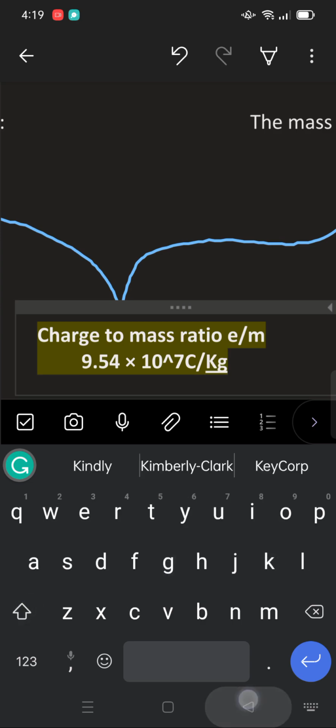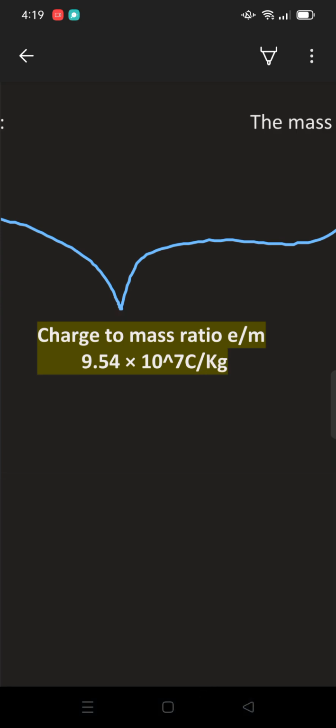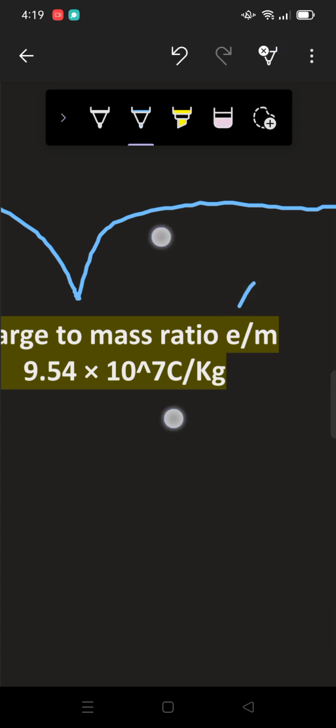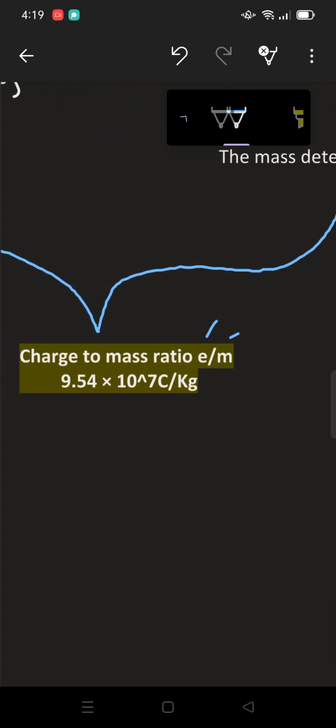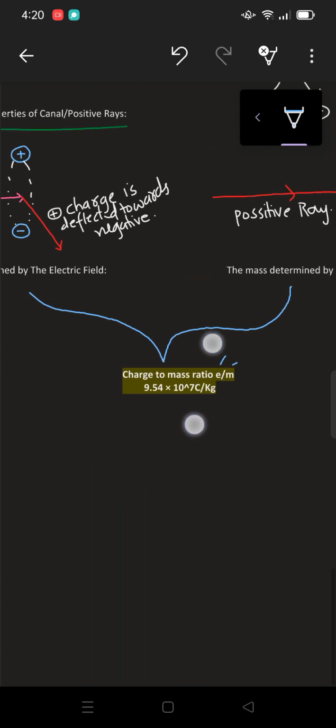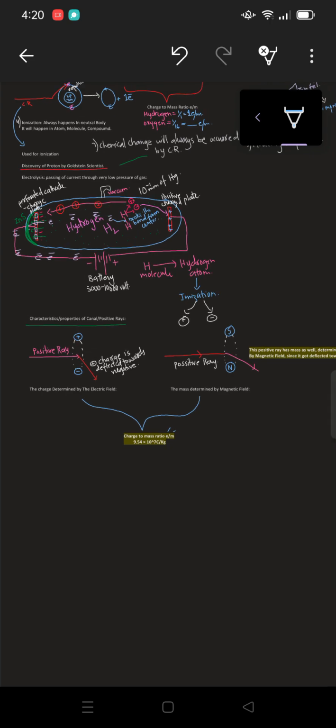Why is the unit coulomb per kg? Since the charge unit is coulomb and the mass unit is kg, so coulomb per kg. So the e/m ratio of positive ray is 9.54 into 10 to the power 7 coulomb per kg, right? So this was the charge to mass ratio.